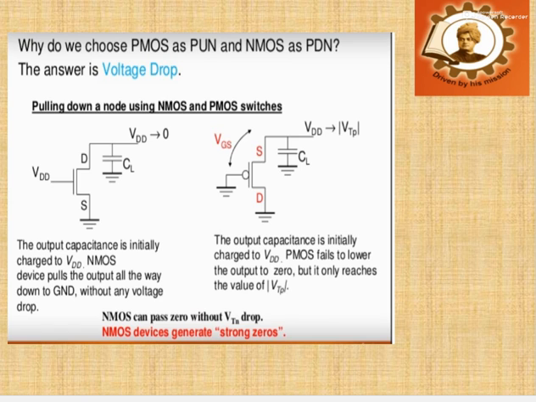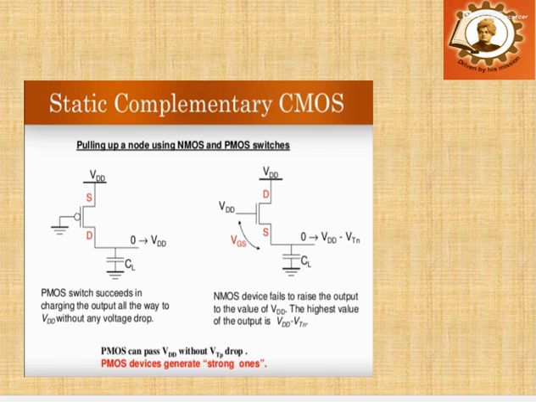In the next figure, the PMOS switch succeeds in charging the output all the way to VDD without any voltage drop. So we can say that PMOS can pass VDD without a VTP drop, where VTP means the threshold voltage of PMOS. So the PMOS device generates a strong 1.